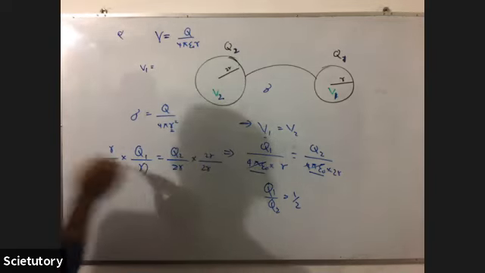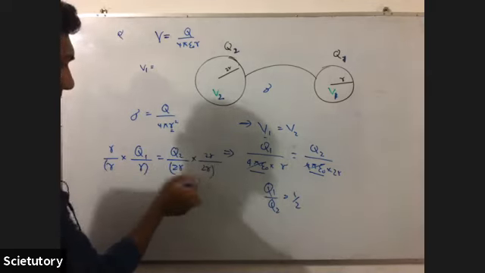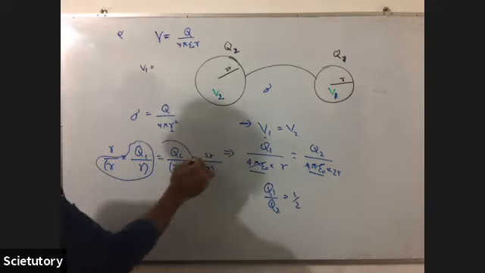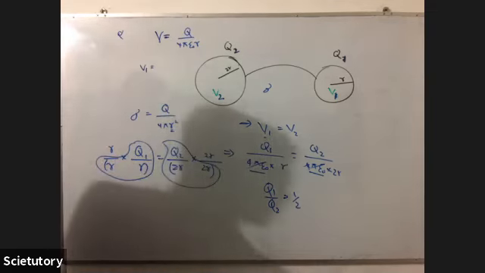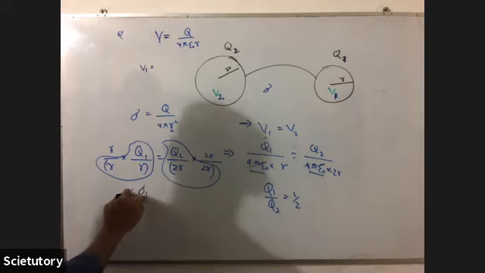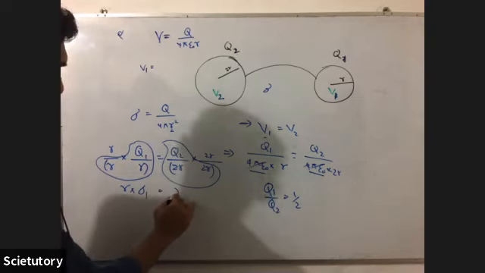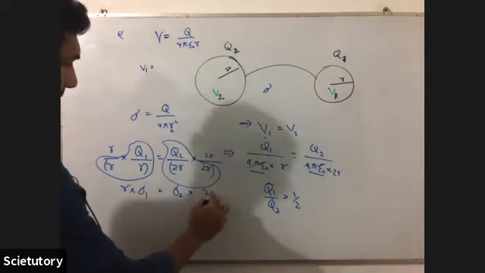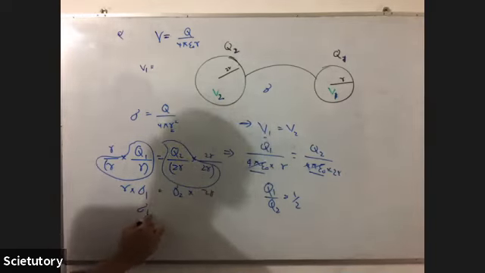So this gives you r squared, and this also gives you r squared. These two are now sigmas. So this is sigma 1 into r, and this is sigma 2 into 2r. Sigma 1 over sigma 2 is what?